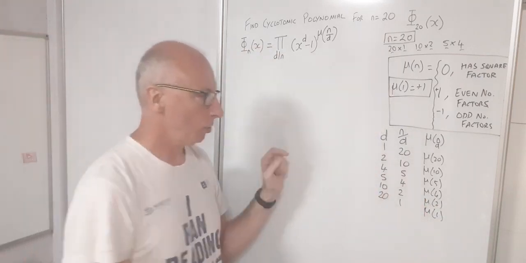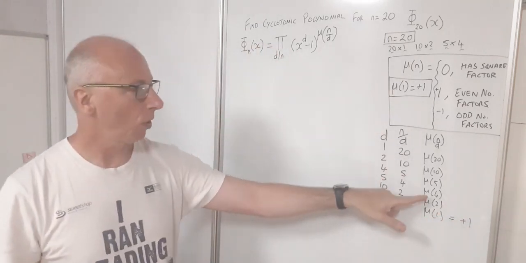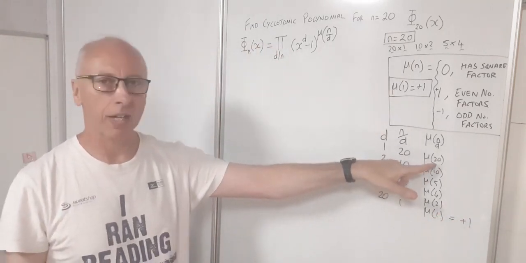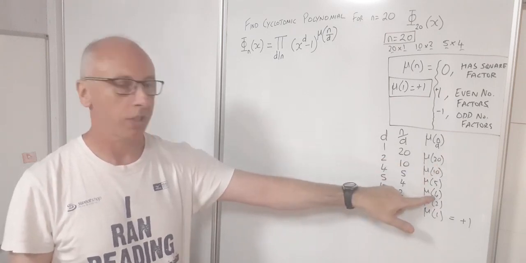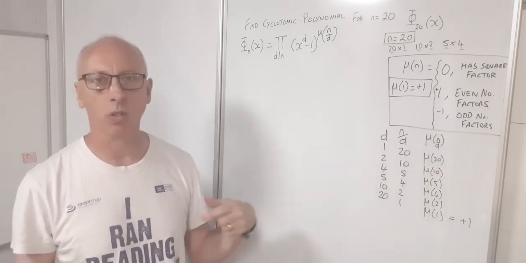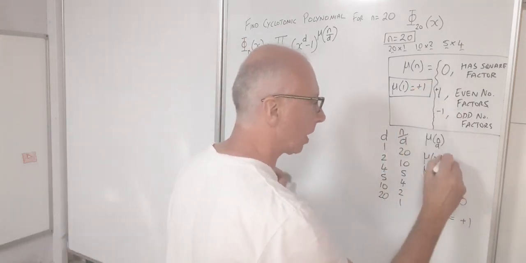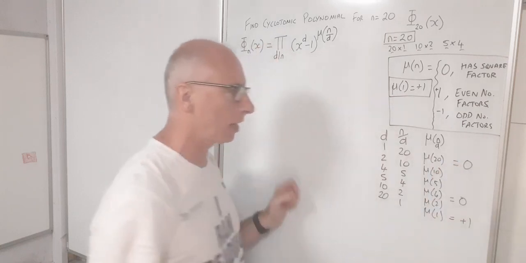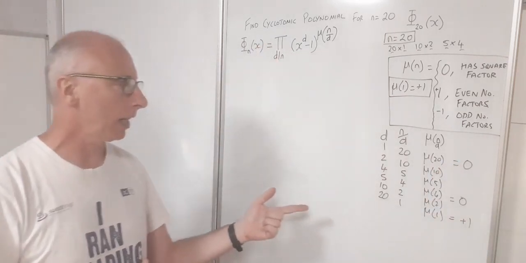Mu of 1 we know straight away is 1. 4 and 20 both have 4 as a factor, so those have square factors and take on the value 0 automatically. If you want to see how these values are done in more detail, there's a link below to show how that is calculated.